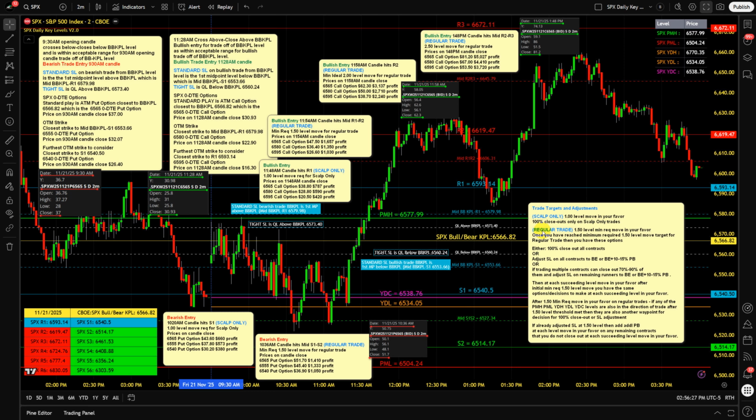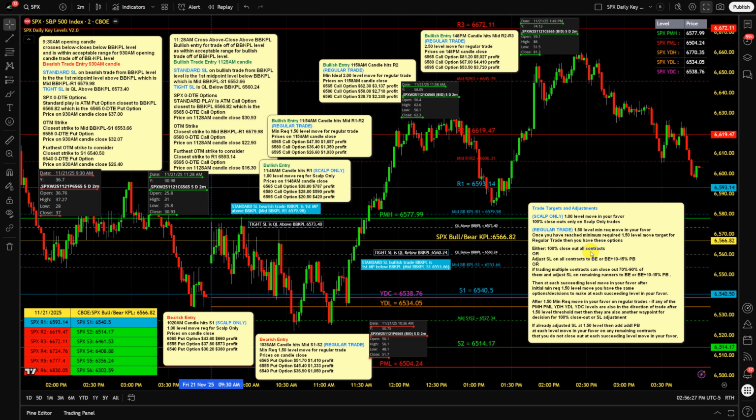Whereas on a regular trade, you are looking for a bigger move, and the minimum threshold for that move is a 1.50 level move in your favor. Then once you have reached the minimum required 1.50 level move in your favor, you have several different options starting at that level.